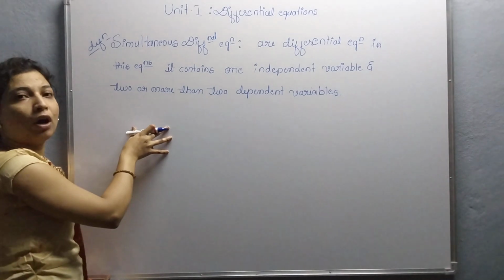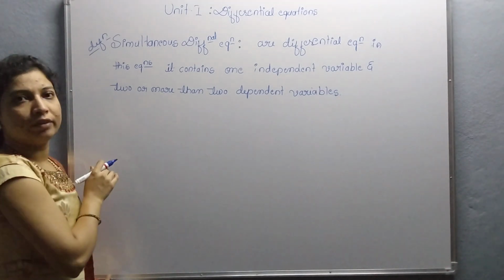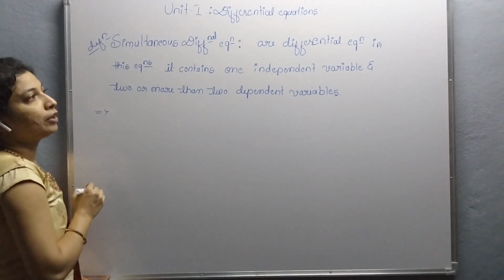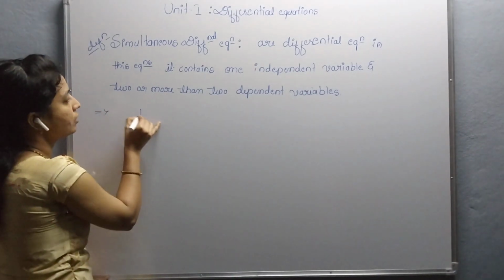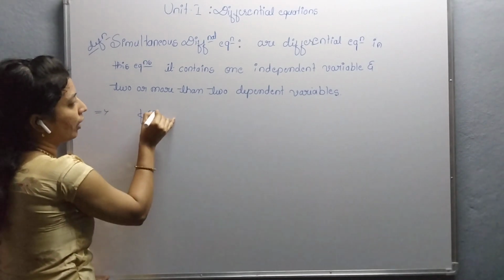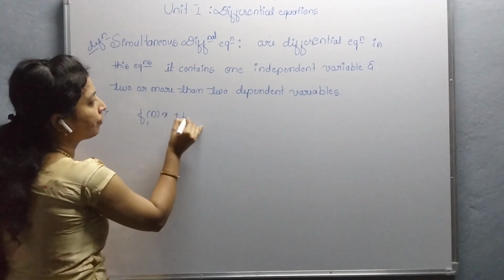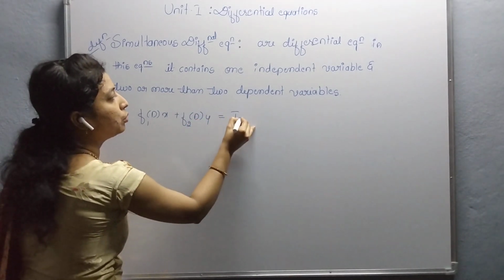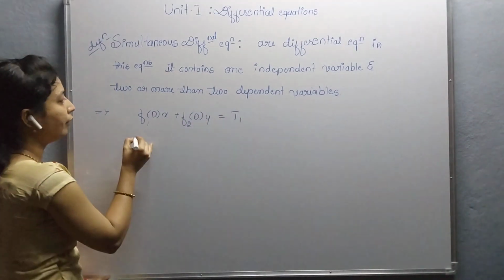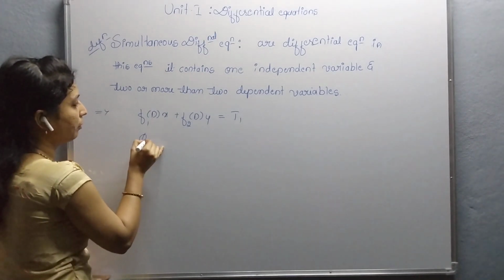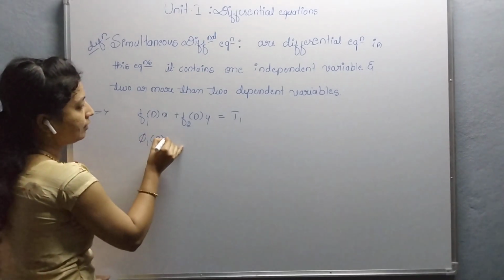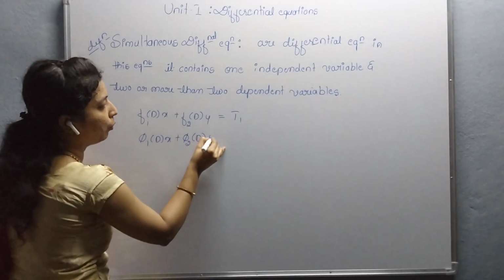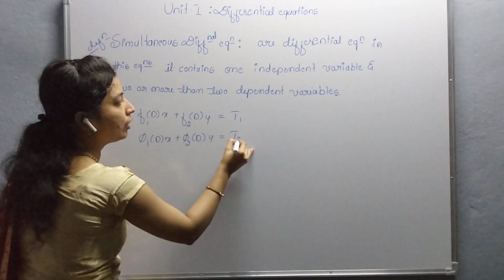Then next will be how to solve the simultaneous differential equation. So let us consider two simultaneous differential equations. These are f1(D)x + f2(D)y = T1, and the second simultaneous differential equation will be phi1(D)x + phi2(D)y = T2.